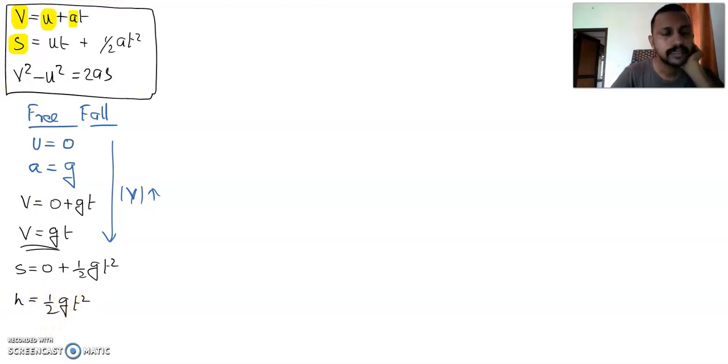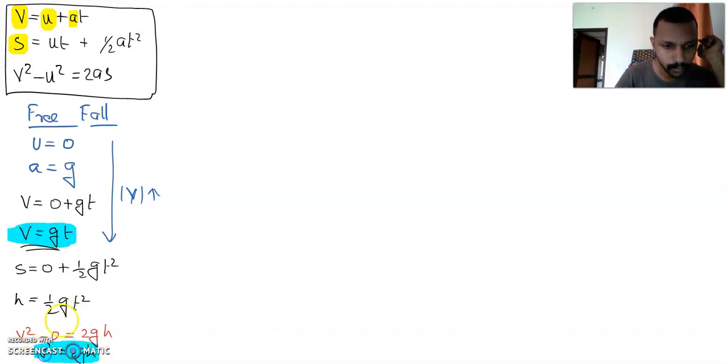Then the third equation of motion, v square minus u square is equal to 2as. Therefore, we could write v square minus 0 is equal to 2gh. That is v square is equal to 2gh. This is how we could simplify the three equations of motion in the free fall situation.